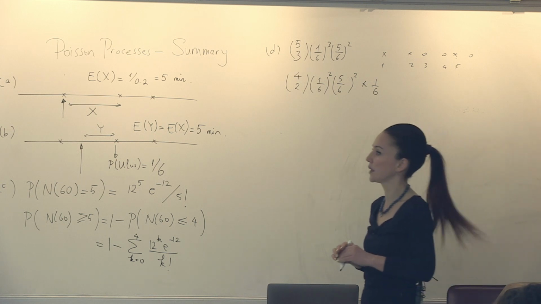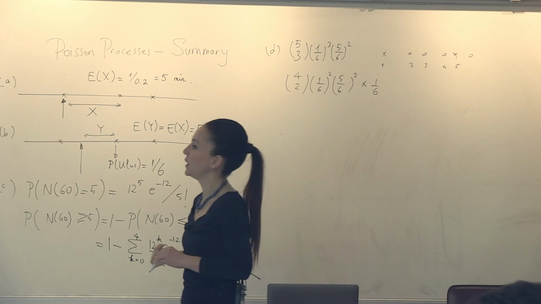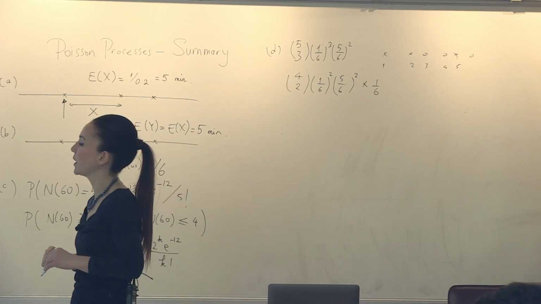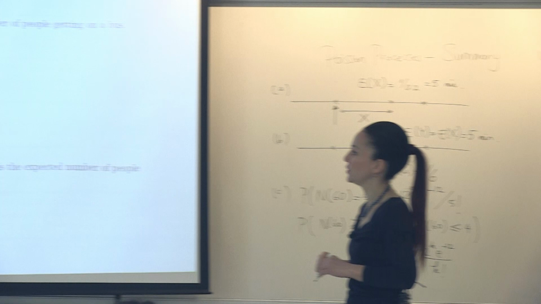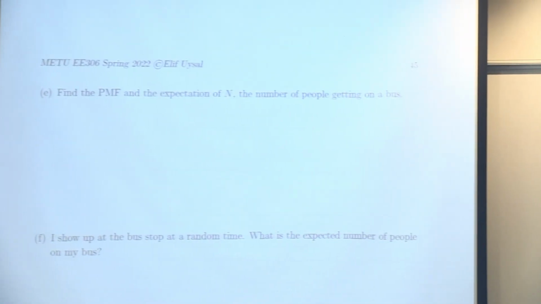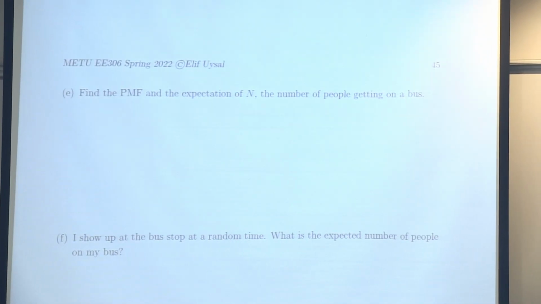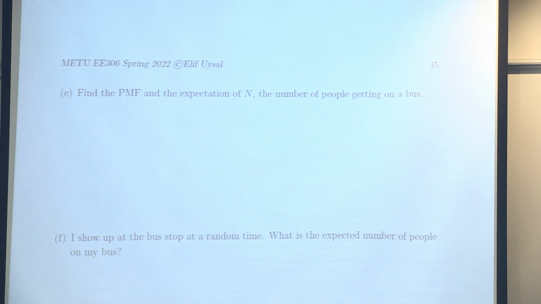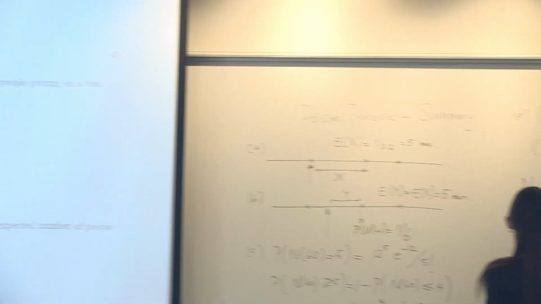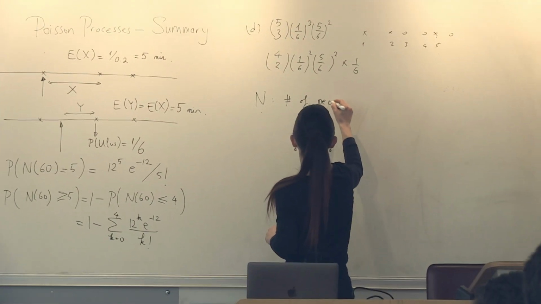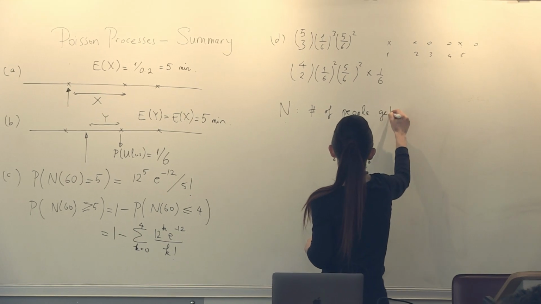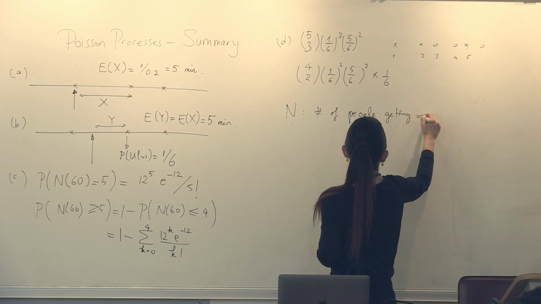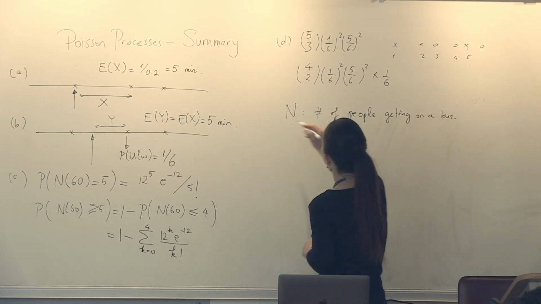All right. Find the probability mass function and the expectation of N, which is the number of people getting on a bus. So N is the number of people getting on a bus. It's a random variable.